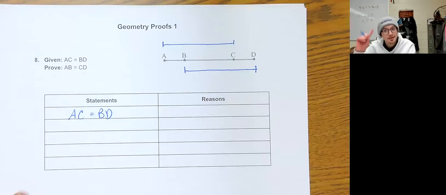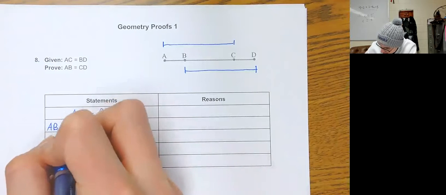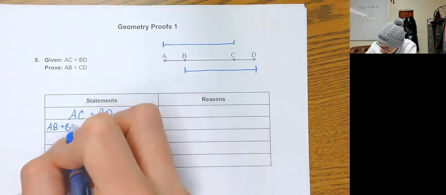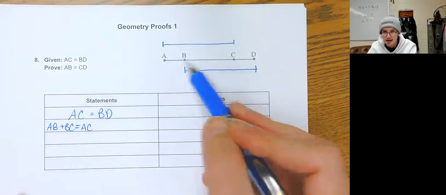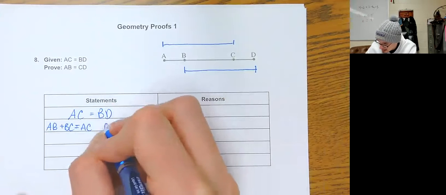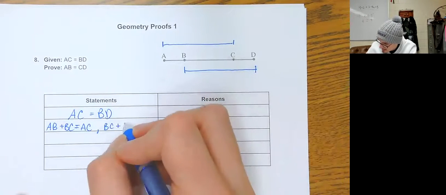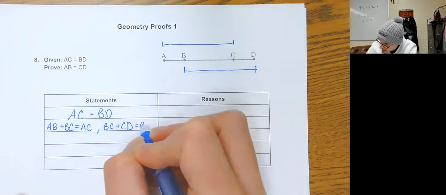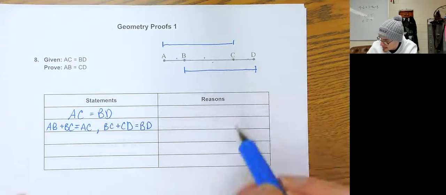And that shows me that there's something overlapping that we can subtract off both sides, BC. But what we're first going to want to do is, well, what adds to AC, right? What adds to AC? AB plus BC equals AC. Okay, well, what adds to BD? Well, that would be BC, comma, plus CD equals BD. So this plus this is AC, and this plus this is BD.